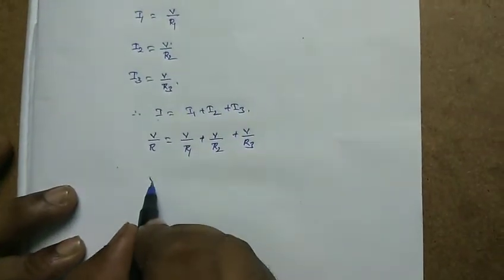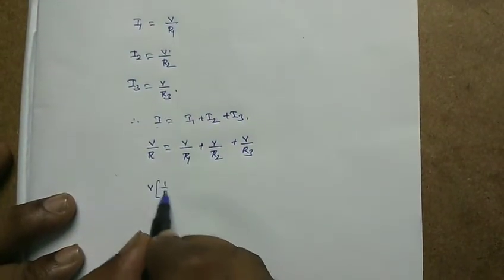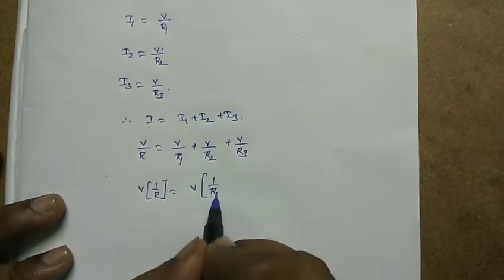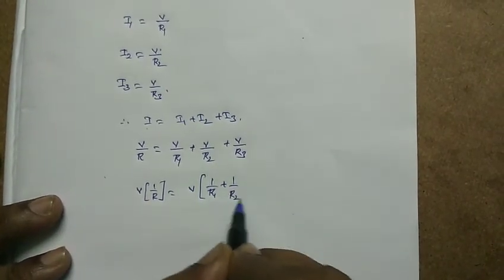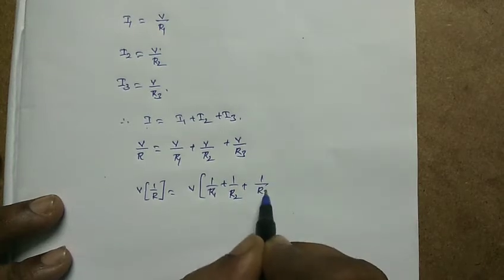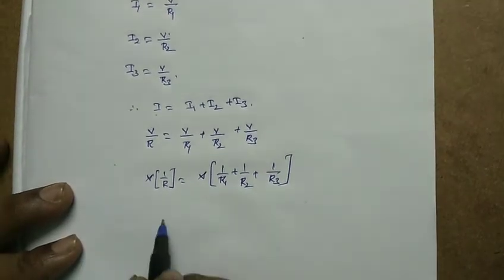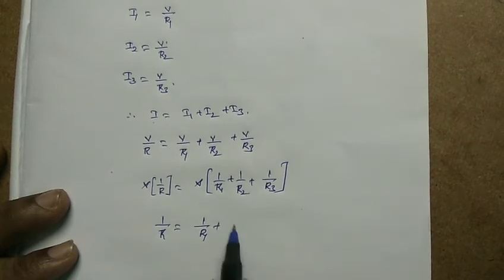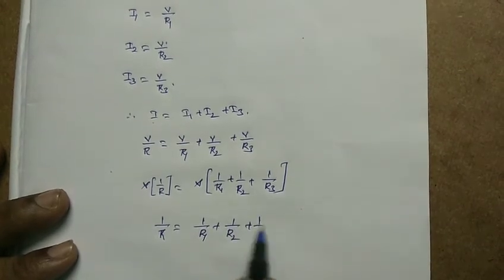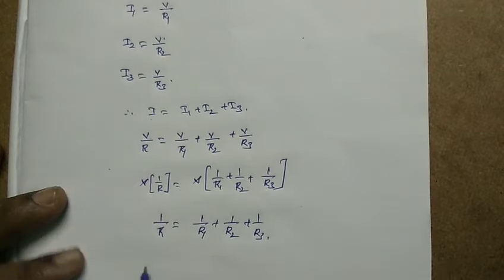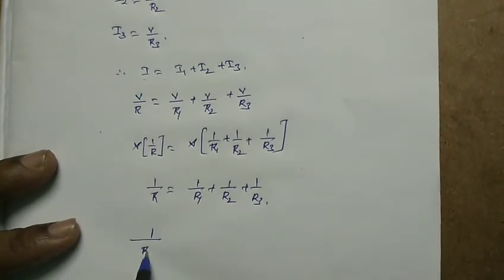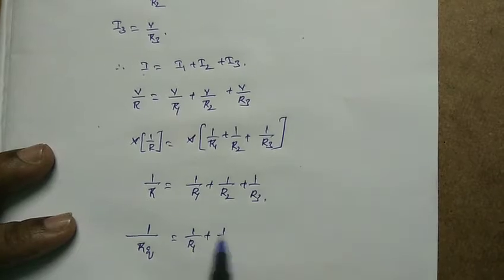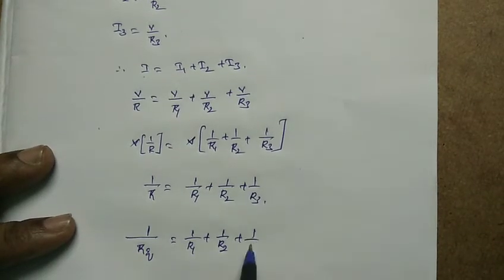V is common on both sides, so it cancels. So 1 by R equals 1 by R1 plus 1 by R2 plus 1 by R3. This R is the equivalent resistance. So 1 by R equivalent equals 1 by R1 plus 1 by R2 plus 1 by R3.